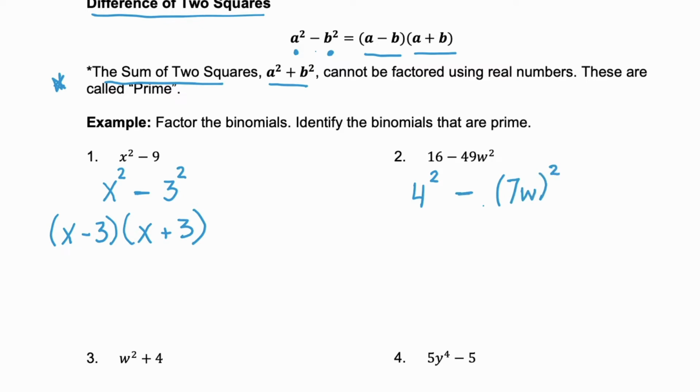And we have subtraction, so we have a difference of two squares. Remember, this factors into the two binomials. We have 4 minus 7w and its conjugate 4 plus 7w.